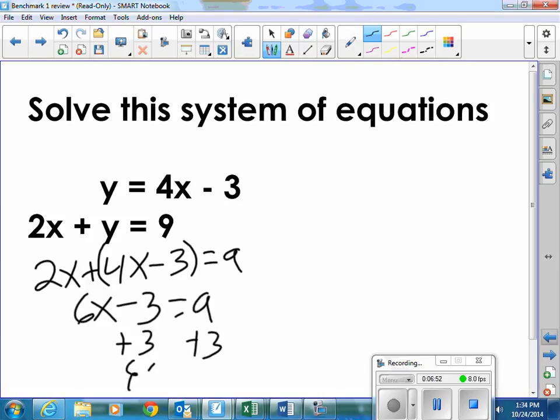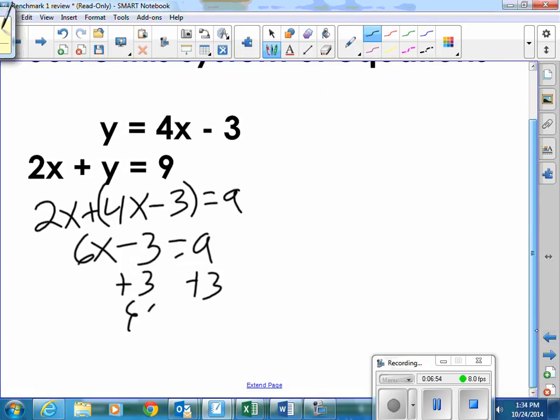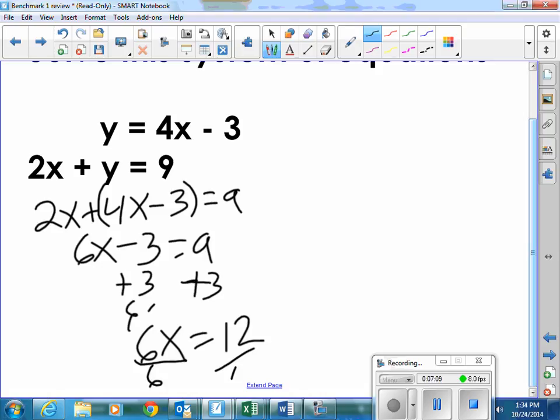So 6 times something equals 9 plus 3, which is 12. So you can see that x would have to be a 2, probably. If you can't see it, you can just divide. 12 divided by 6 is 2.